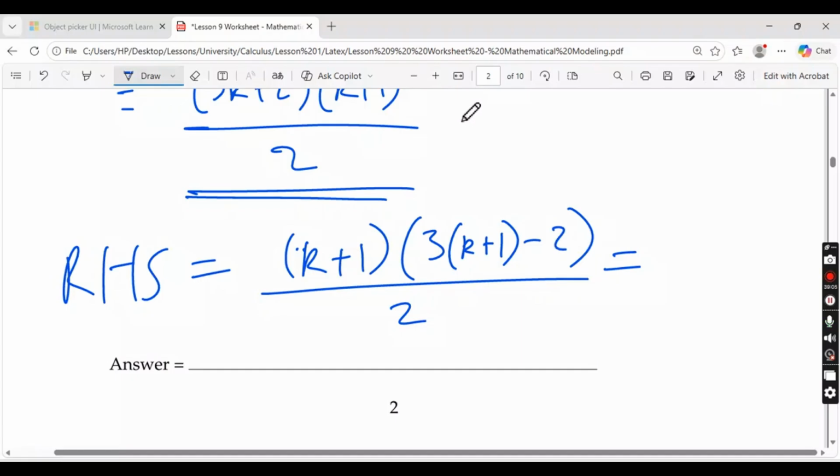Why? Because I think we are only supposed to simplify this bracket, not the whole numerator. Oh, because we're going to factorize again. Yes.